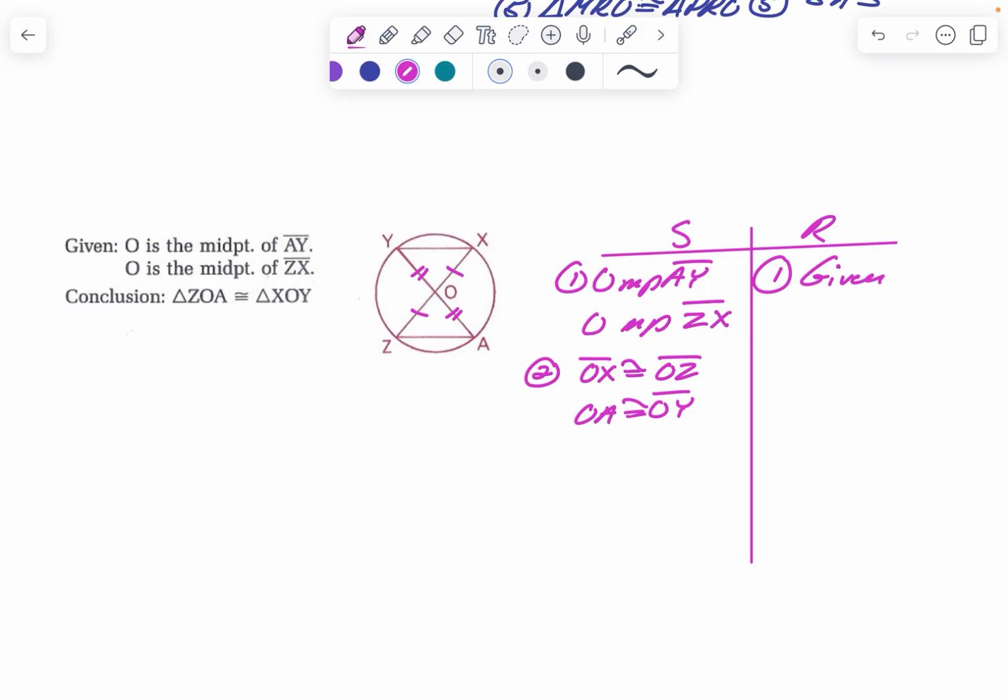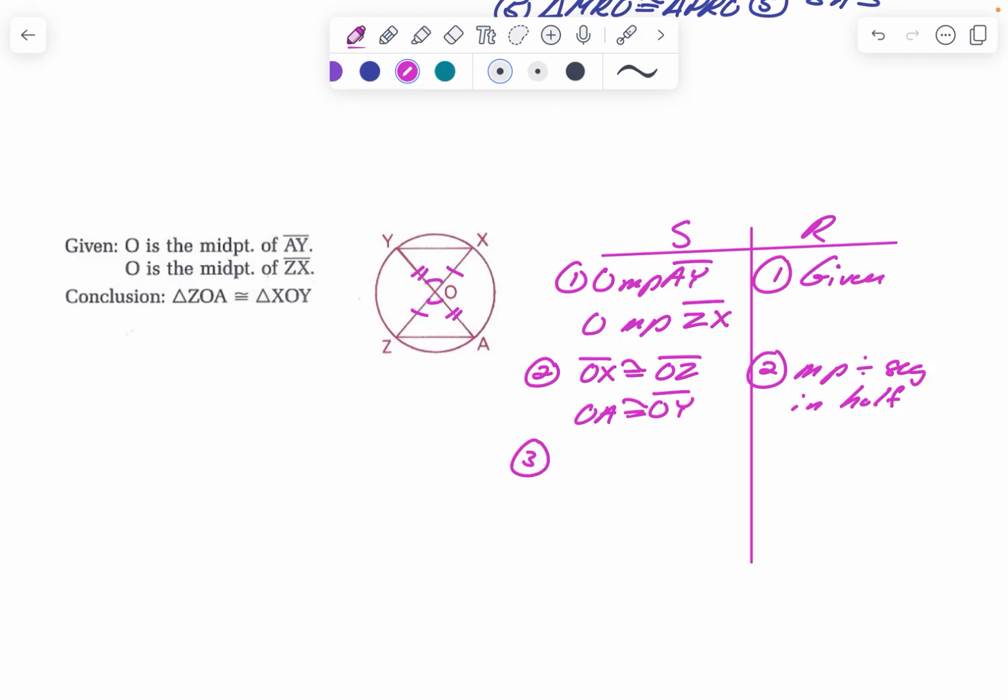Now, they are all radii. If you put it all in one giant statement, I would be okay with that. But midpoint divides a segment in half or into two congruent segments. All right, now we have two sides, we need the angle.